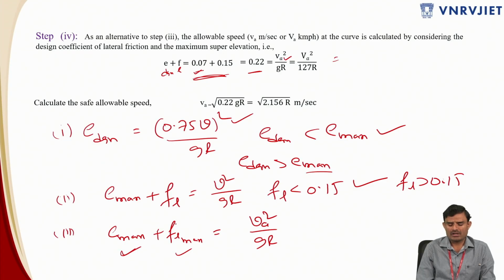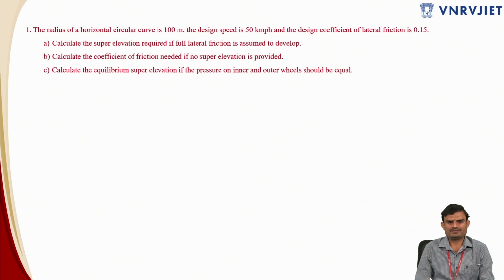You take those values, and this is a constant value, so you have the radius and you have the acceleration due to gravity. Then you try to get the value of allowable speed, which will definitely be less than the design speed, small v. That you have to provide at that particular location, mentioning that the allowable speed is only this much due to the constraint of maximum super elevation and maximum lateral coefficient of friction.